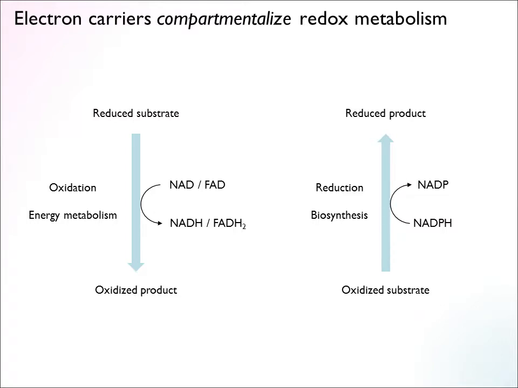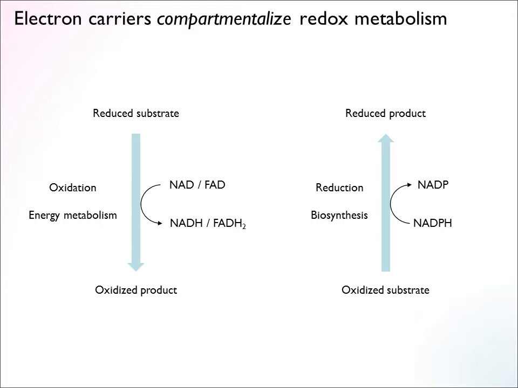So typically we see that NAD and FAD, to some extent, are the main carriers in energy metabolism and oxidation of things. So when a cell wants to take a substrate and oxidize it and extract energy, these are the electron carriers used.